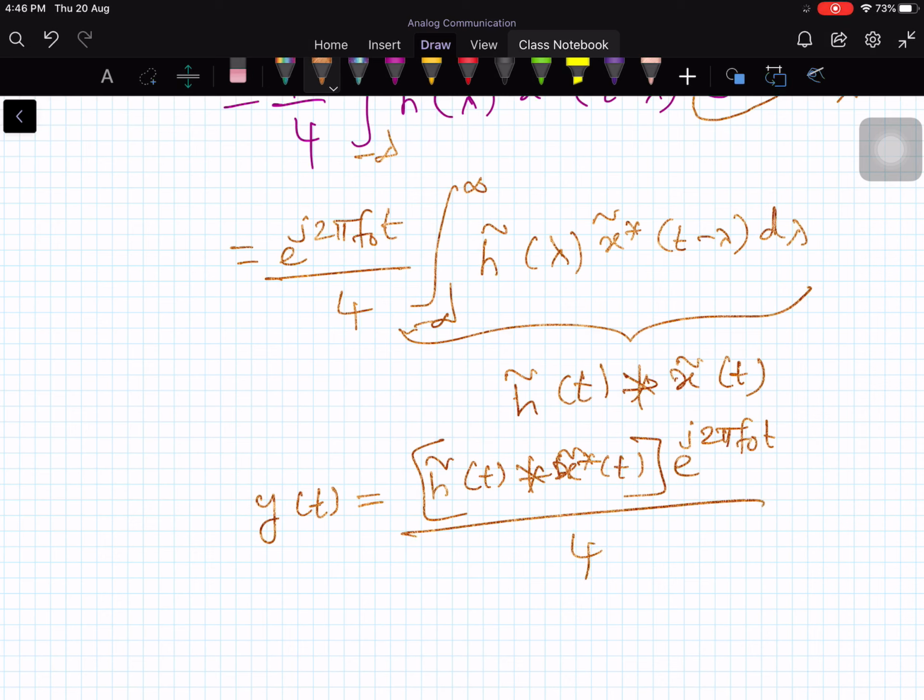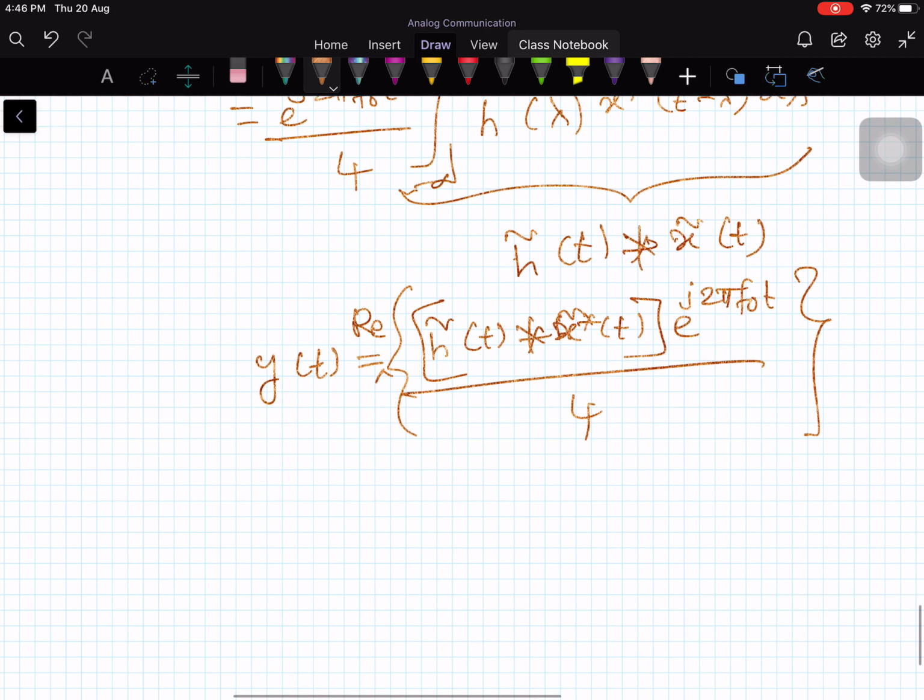Now you take the real part to get the output. So you are taking the real part of this one and adding to this.